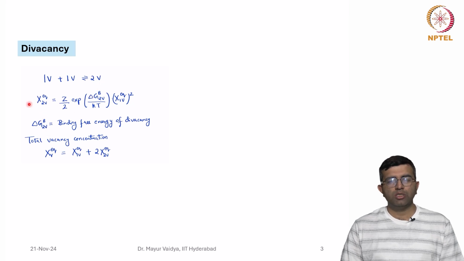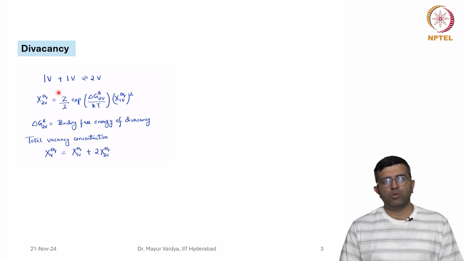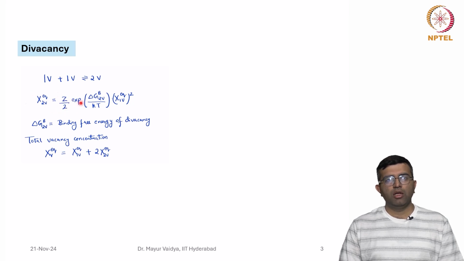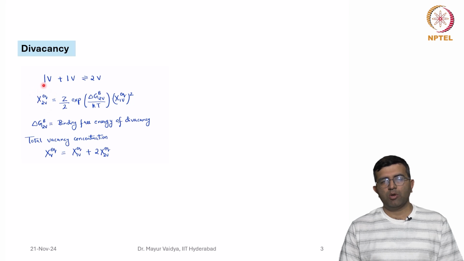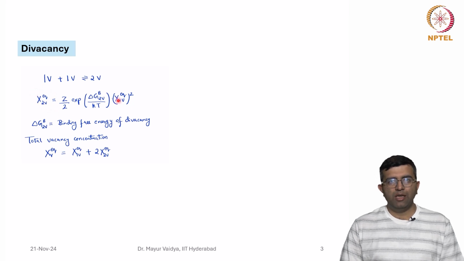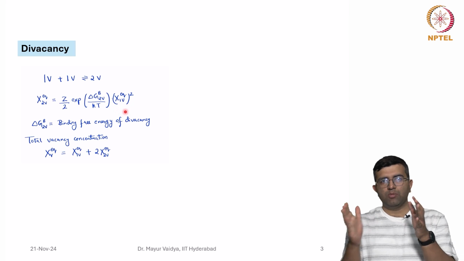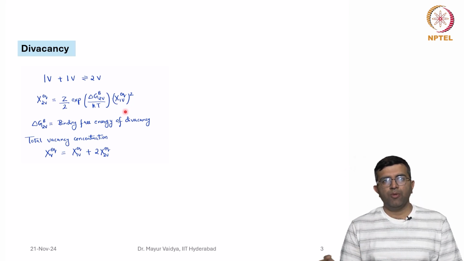The equilibrium concentration of divacancies can be expressed as Z by 2, where Z is the coordination number, times exponential of delta G of 2V binding by kT, multiplied by x1V equilibrium whole square. It should be intuitive that the equilibrium concentration of divacancy will depend upon the equilibrium concentration of mono vacancies, because they come together to form a divacancy.